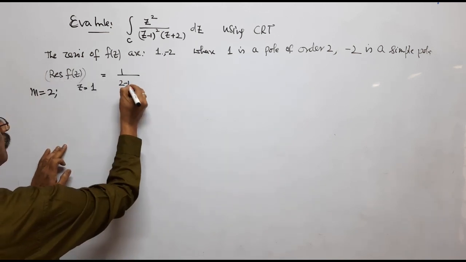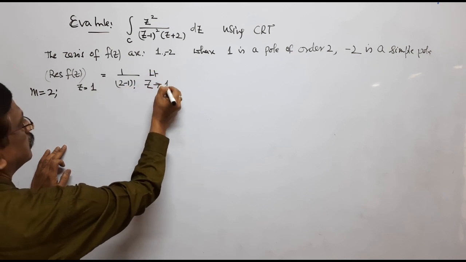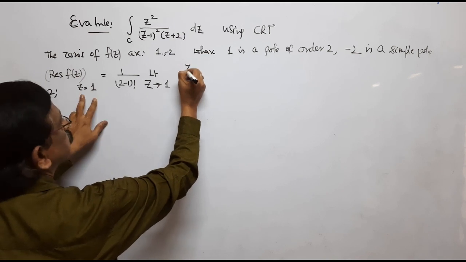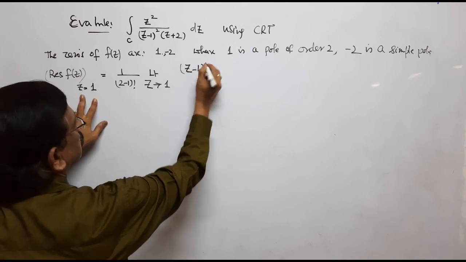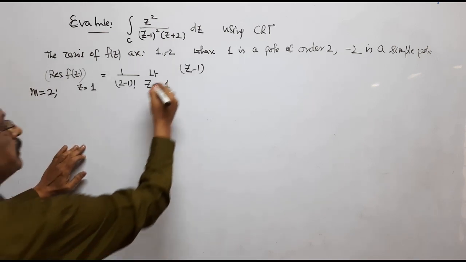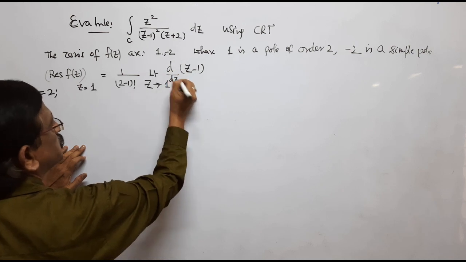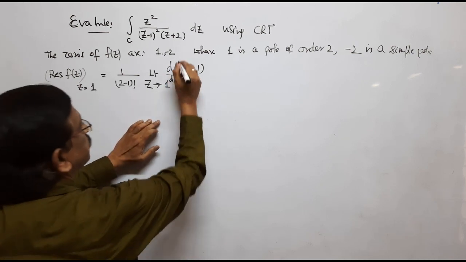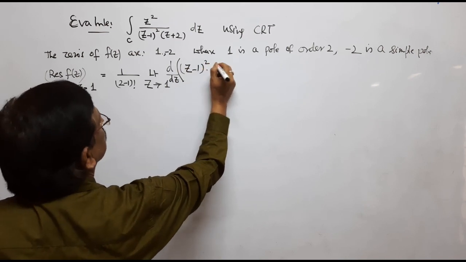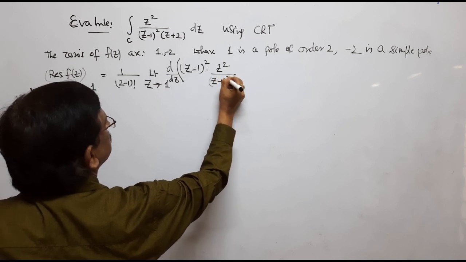I'll write down 1 by (m minus 1) factorial, limit z tending to 1, and z minus 1 whole square. Of course, I have to write down the derivative here: d^(m-1)/dz^(m-1), m means 2, 2 minus 1, 1. So d/dz of (z minus 1) whole square times f(z), where f(z) is z square by z minus 1 whole square into z plus 2.